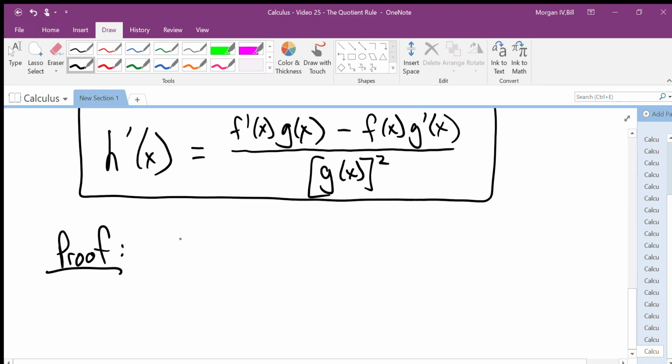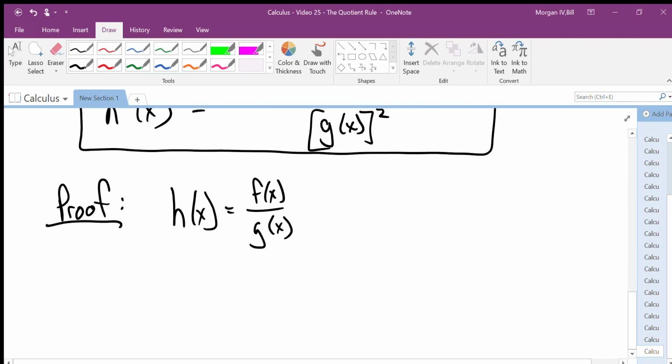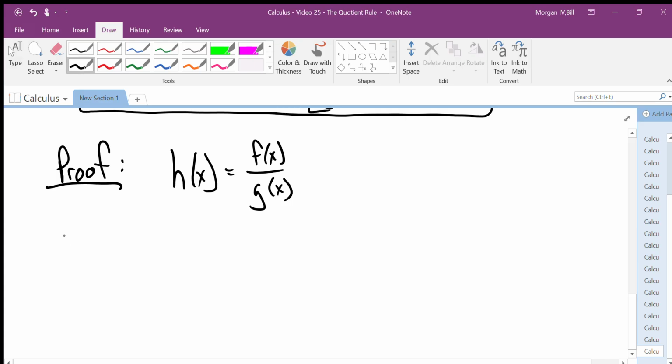So let's say we have a function h of x equaling f of x divided by g of x, and we're trying to prove the quotient rule. So the derivative of h of x is equal to the limit. Look at that, I did it again.